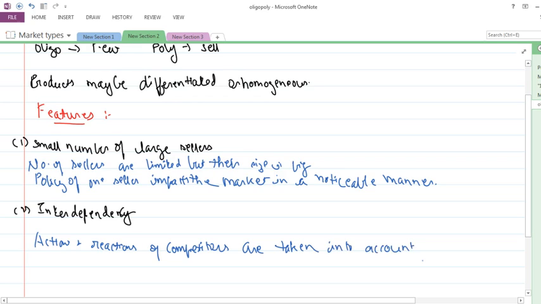This is because while deciding the price and policies, the competitor's policy also has to be taken into account, as there are only a few sellers. So any change in price, output, product, etc. by one firm will have a direct effect on the policy of the other firms. As the products of oligopolists are close substitutes, the cross elasticity of demand is very high.